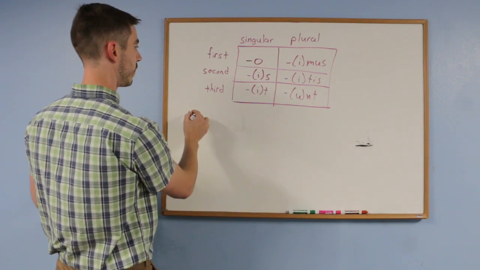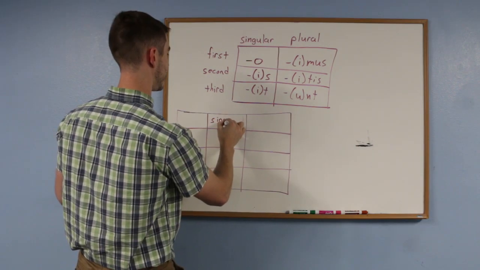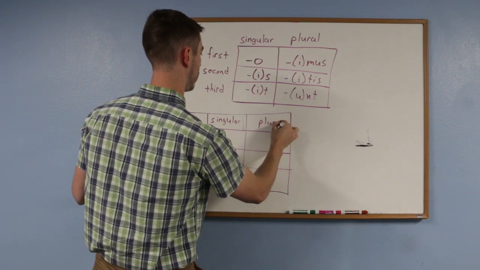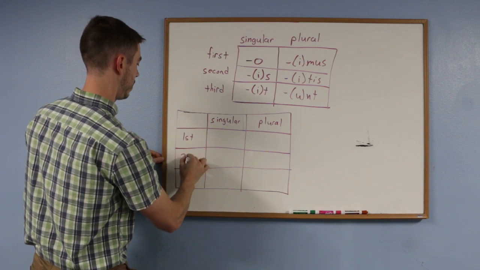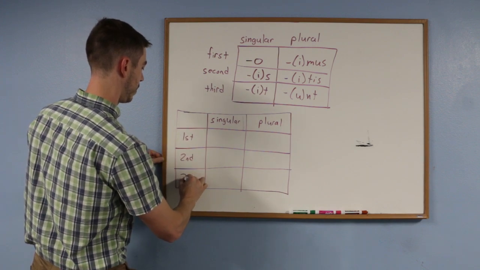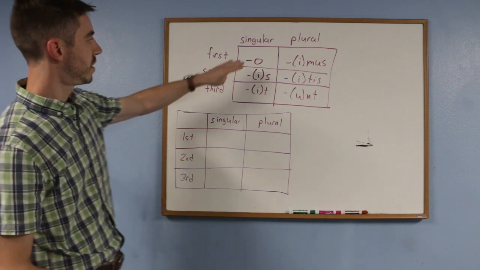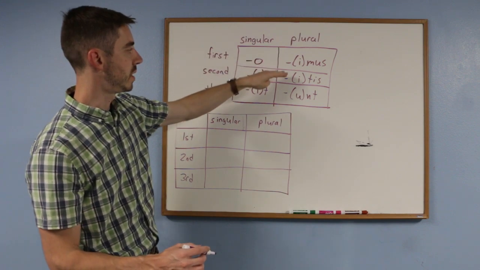We're going to have a box here. So remember, this is singular, this is plural, okay? And then we have first person, second person, third person, okay? And this is just our endings. So o, is, it, imus, itus, unt.